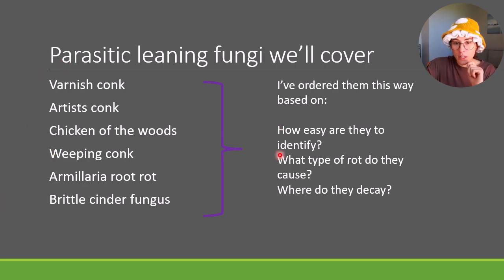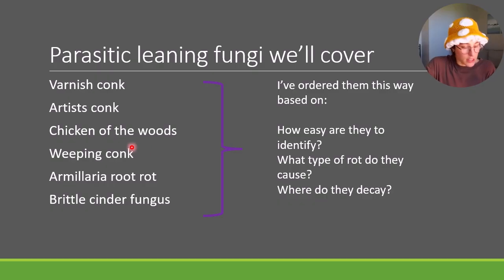What type of rot do these cause? A lot of these are white rotters, except for chicken of the woods and brittle cinder fungus. And so a lot of these are going to cause that stringy type of spongy wood versus this more brittle wood. And then where do they decay?